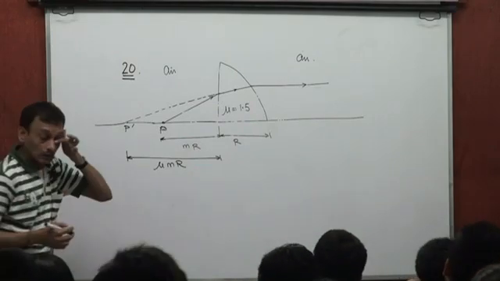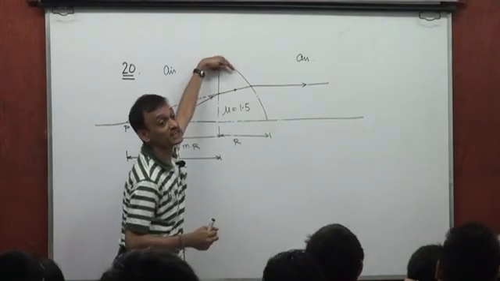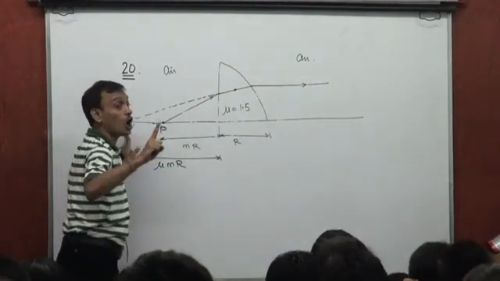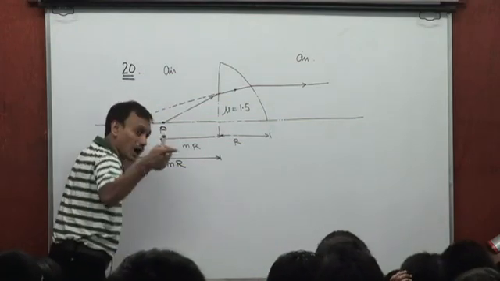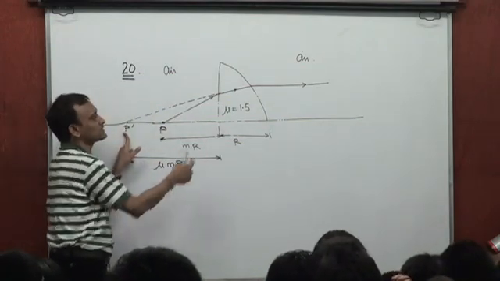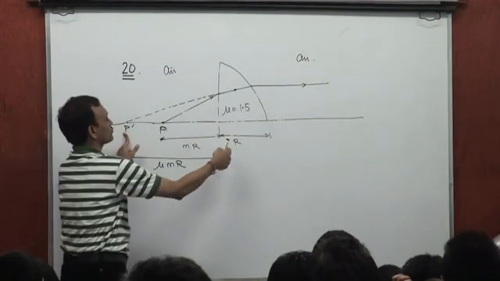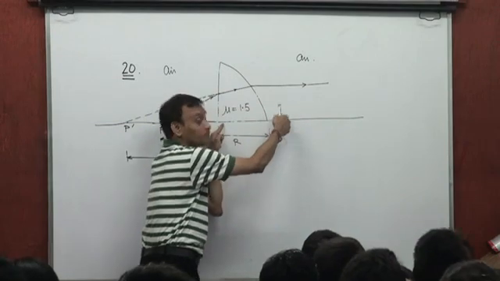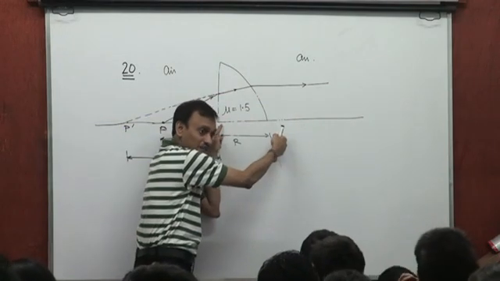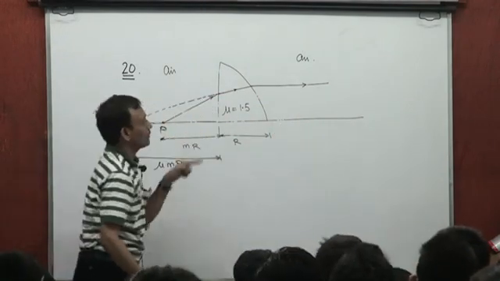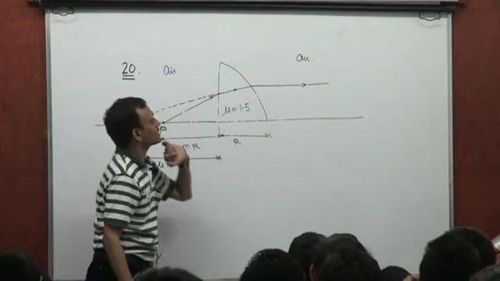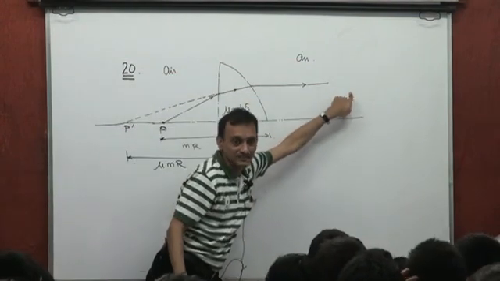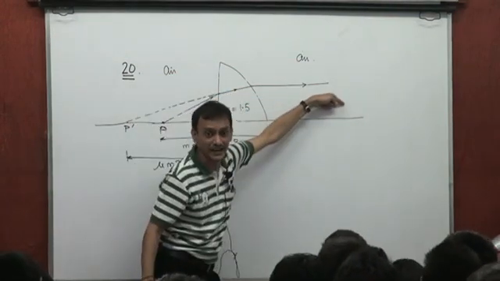Now, for refraction on the second surface, P prime acts as an object, right? So the object distance for refraction on the second surface would be mu mr plus r. For the second surface, the incident ray lies here, the refracted ray lies there.